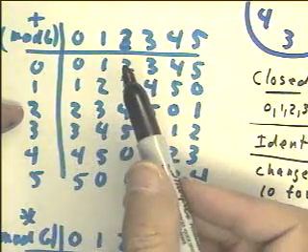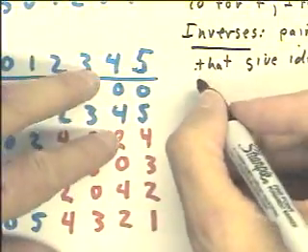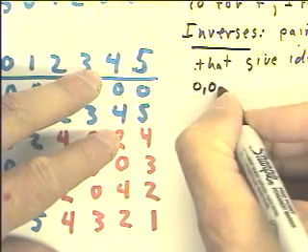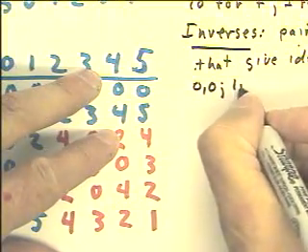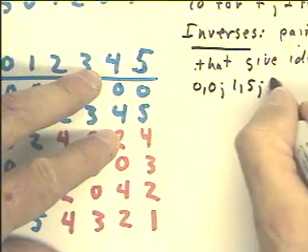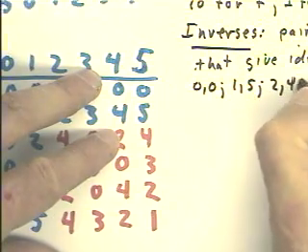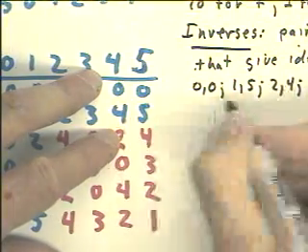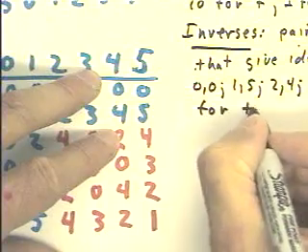Of course, 4 and 2 and 5 and 1 also give us 0. The pairs 0, 0, 1, 5, 2, 4, 3, 3 for addition.